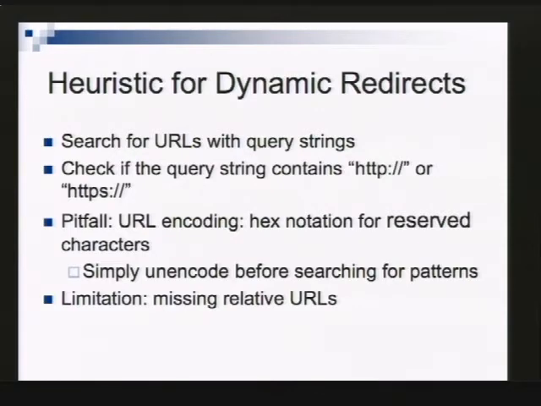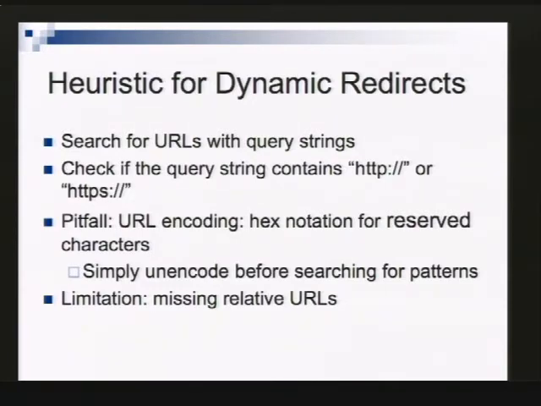What we want to find out is, given a link, does this link contain a dynamic redirect? That's our first question. Only if it's a redirect would we then explore whether the redirect is indeed open. True? So given a link, how do we determine if it contains a dynamic HTTP redirect?